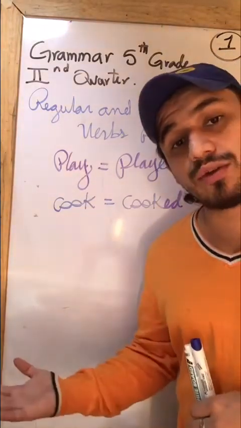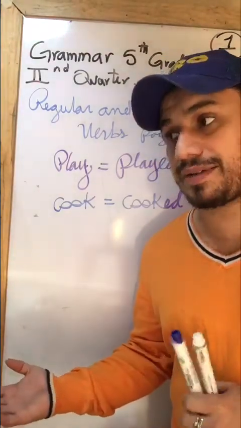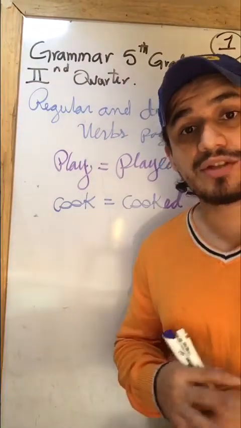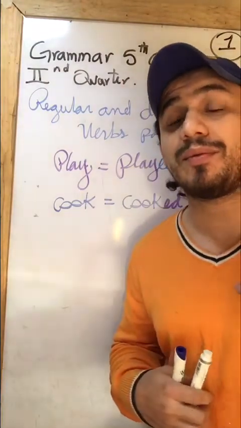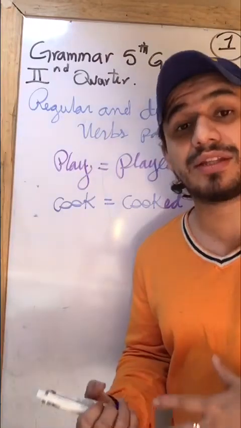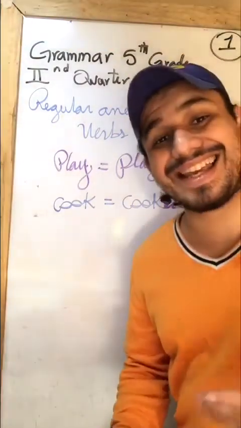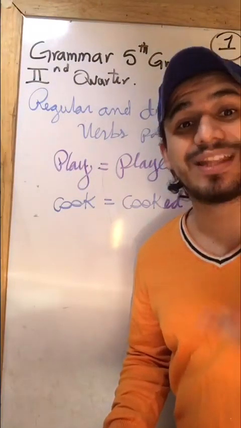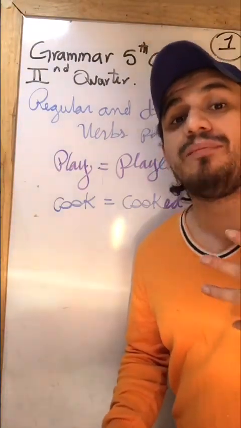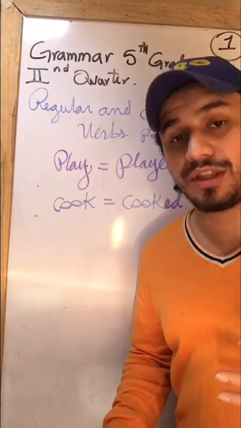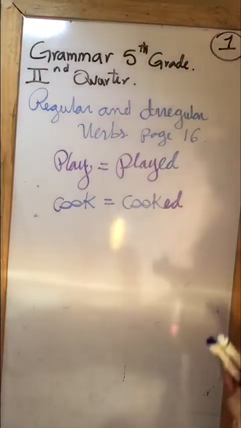So we are going to write some examples of verbs that are in irregular tense, so you can know how you have to memorize them. This is something that you have to memorize, because this is not something that you can just add ed to everything. You have to memorize these words so you can know the difference between them, okay?